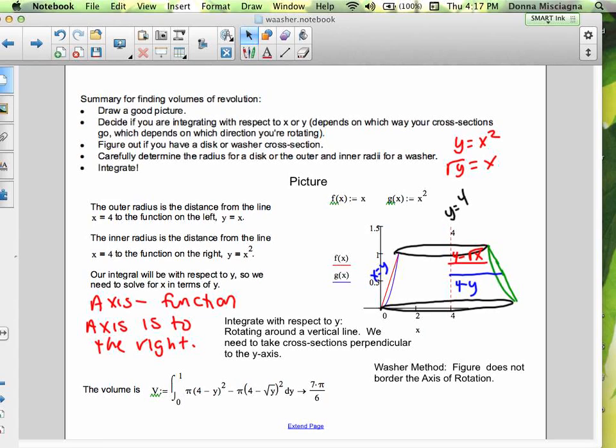Trying to see where I have it written down, and it doesn't seem to match, because I forgot to subtract the y. I'm looking at 4 minus y, sorry. Our outside, you have to remember to subtract the y from the 4. 4 minus y squared, because that's the outside one, and then 4 minus the square root of y, because that's the inside function. I don't know why I have here 4 minus the square root of x. That should have been the square root of y.